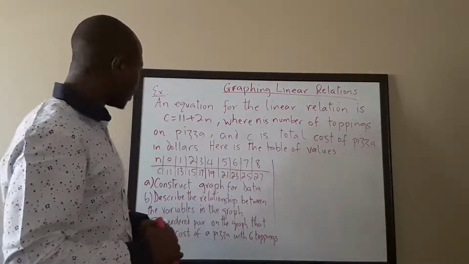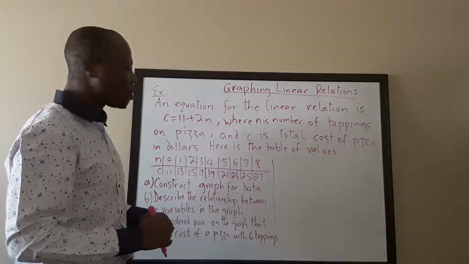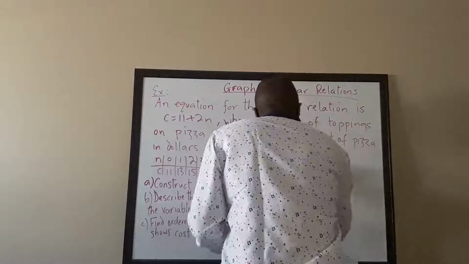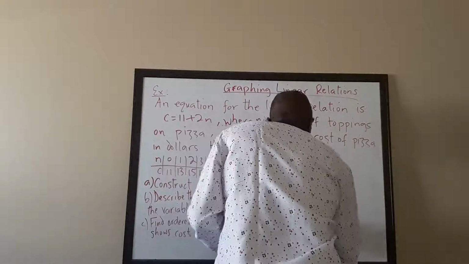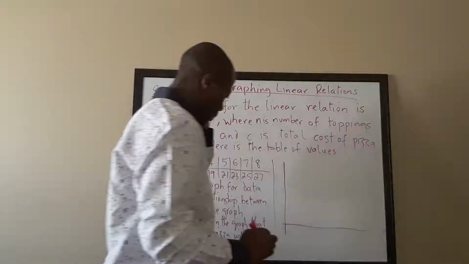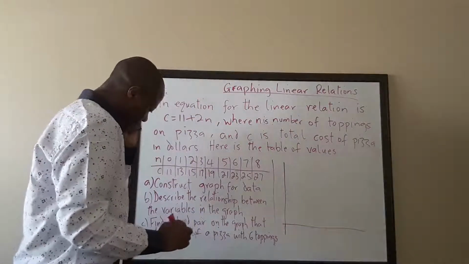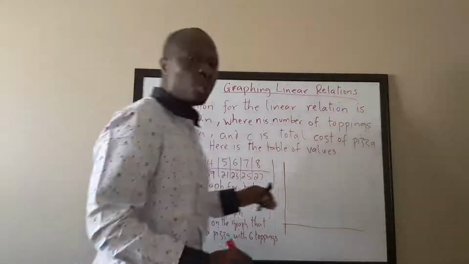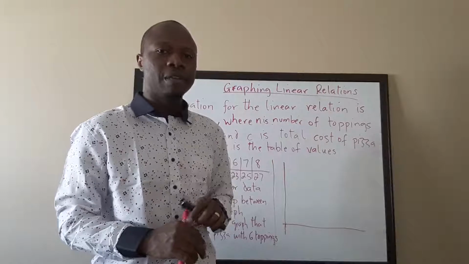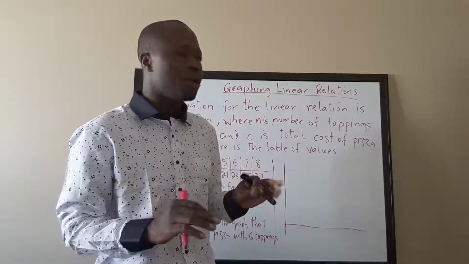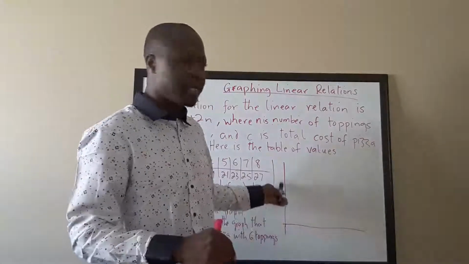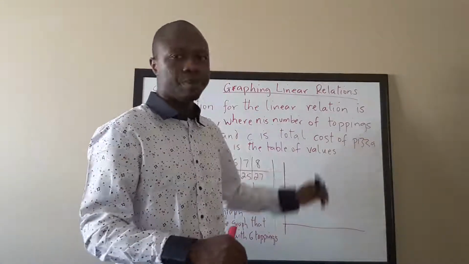So, construct a graph. We want to have a graph here, something like this. One thing that's always very important when constructing a graph is labeling. So please always label your graph. You have to label here, and give it a title.